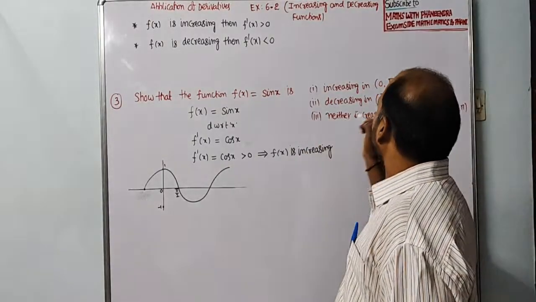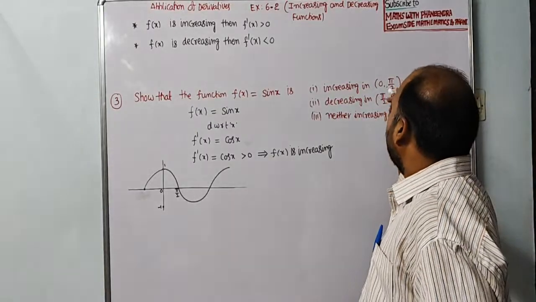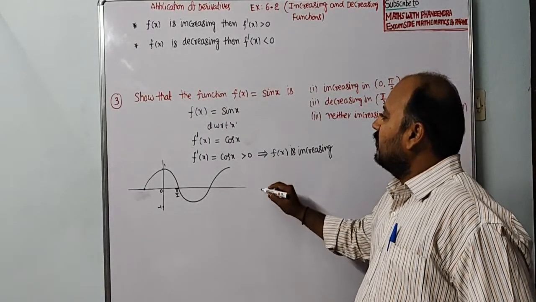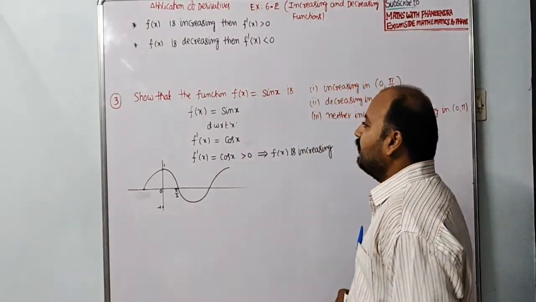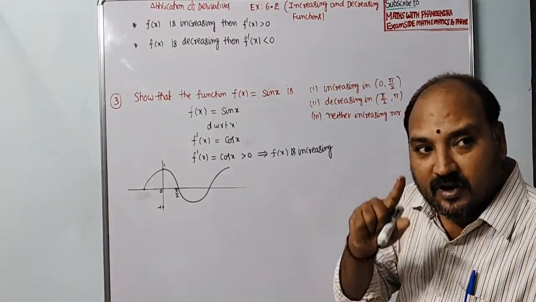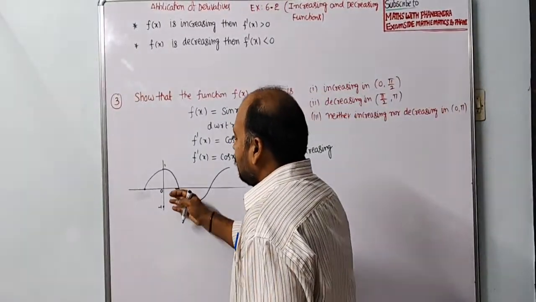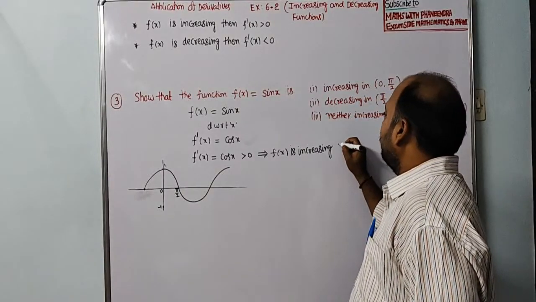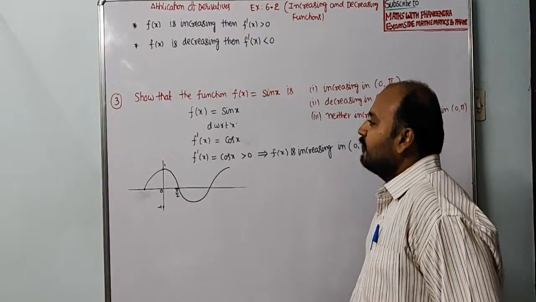Cos x greater than 0 means 0 to pi by 2, which is the first quadrant. Generally cos x is positive in the first and fourth quadrants, but the fourth quadrant is below, so it is only the first quadrant. F of x is increasing in the open interval of 0 comma pi by 2.